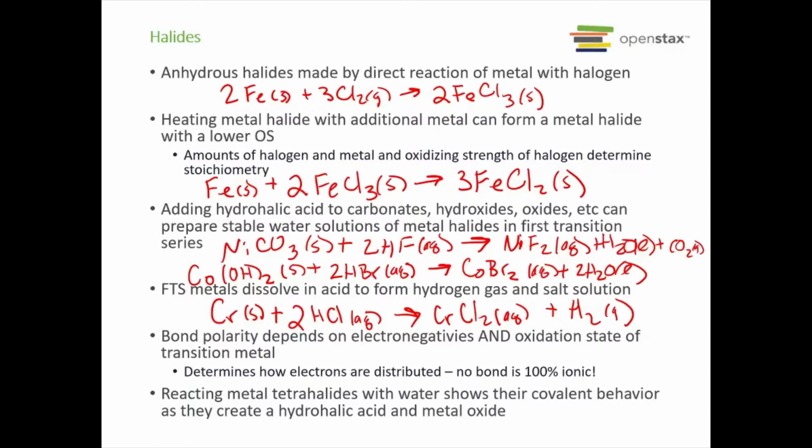Now, if we react some metal tetrahalides with water, this is one way to show their covalent behavior because they're going to create a hydrohalic acid and a metal oxide. So for instance, if we take some SiCl4 in its liquid form with some water, oops, not aqueous, that's liquid.